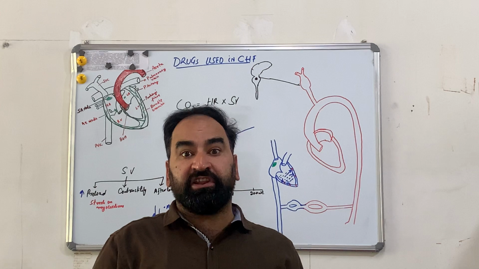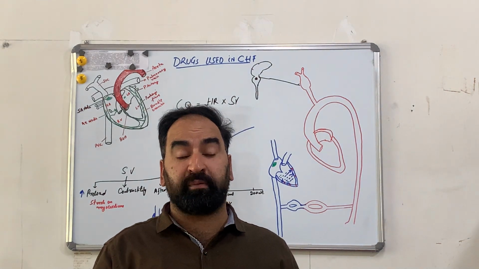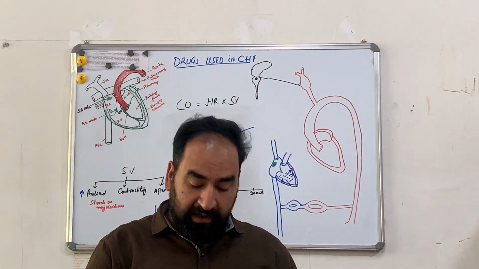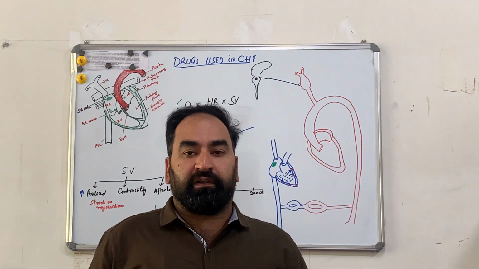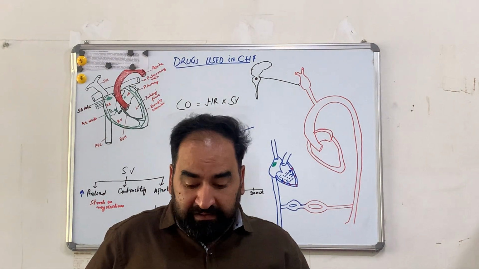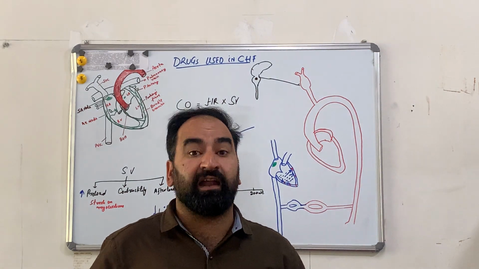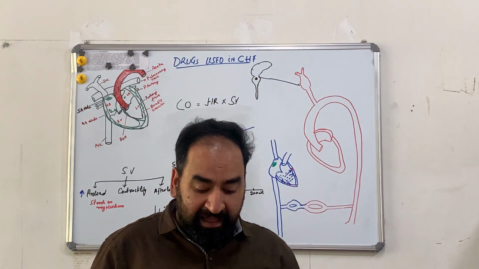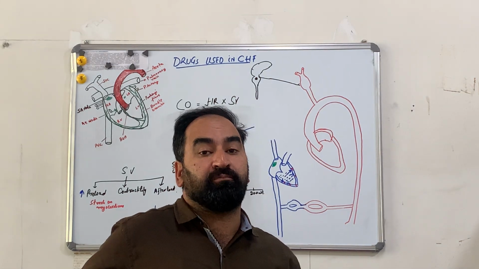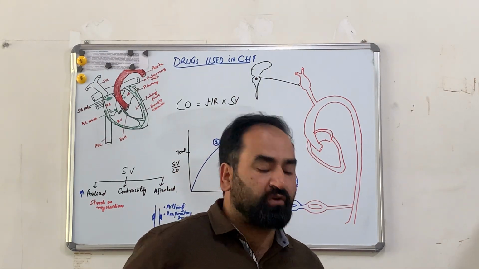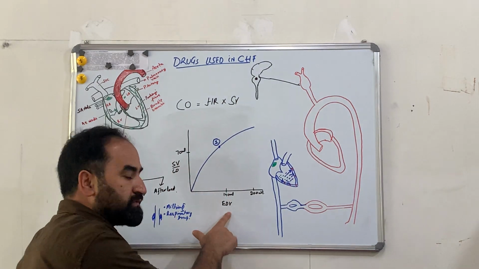When you inhale deep breaths, you are creating a pressure difference between the abdomen and the thoracic cavity. You create more abdominal pressure and less thoracic pressure, and that leads to suction of the blood from the abdominal portion towards the heart, that is, towards the thoracic cavity. That also increases your EDV.